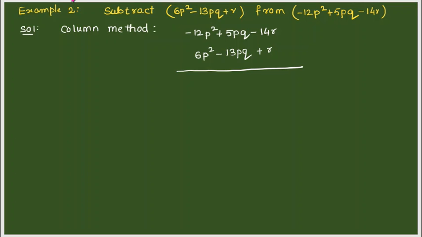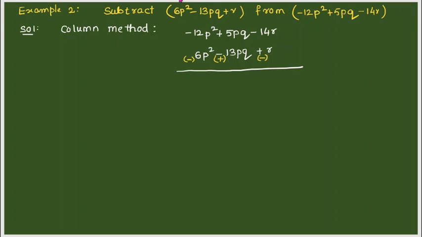What is the sign of the first term? In 6p square, plus is there, so we need to change it into minus. The symbol of 13pq is minus, so we need to change it into plus. The symbol of r is plus, so we need to change it into minus.